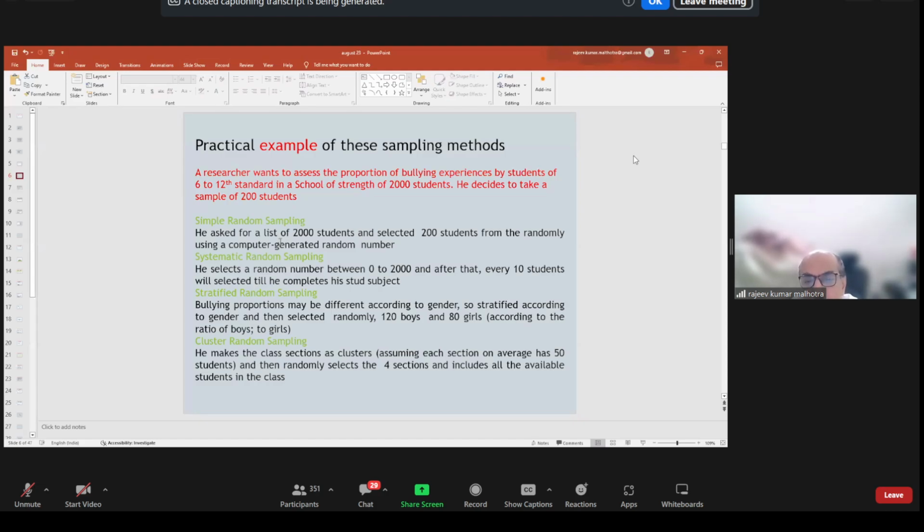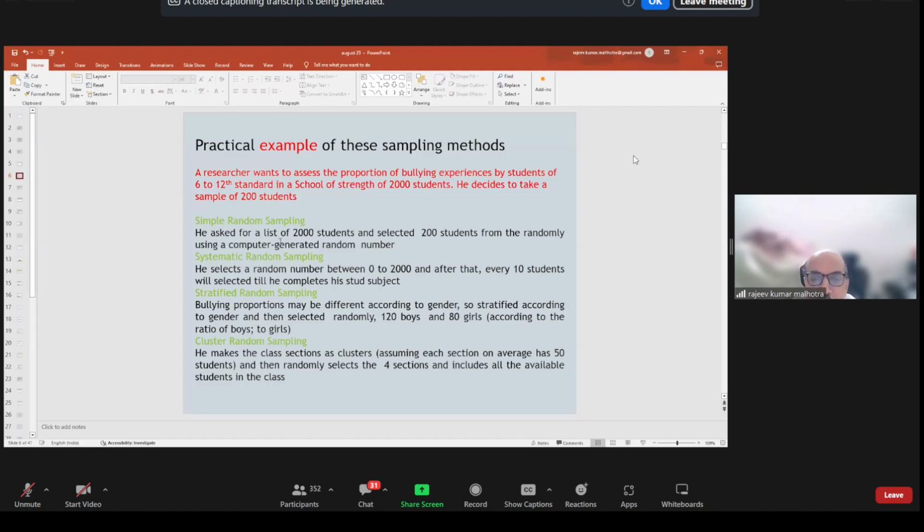So in that case we have 42 sections. Of these 42 sections, we randomly select 4 sections and include all the subjects available in those classes, which is 50 on average. So it may be more than 200, or it may be 190, or maybe 210. That depends on the strength of the students in those sections, because we are taking the average value here. So on average 200, some have 55, some have 45, 48.